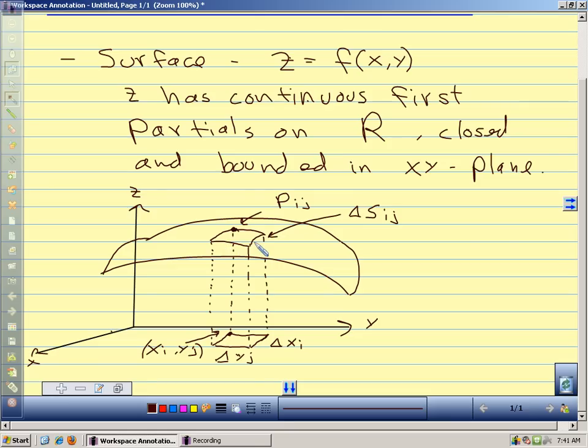What we're going to do is take this little area element, and we're going to approximate it with the tangent plane. So let's zoom in on this little surface element and draw the tangent plane at point P sub ij, and we're going to use that as the approximation for the area of this little surface element.